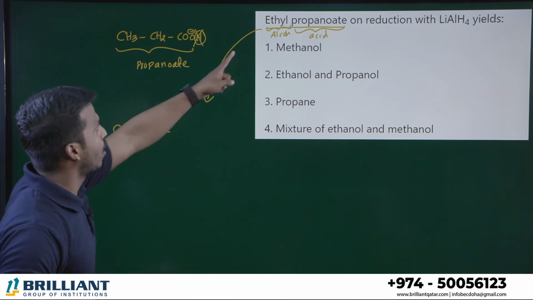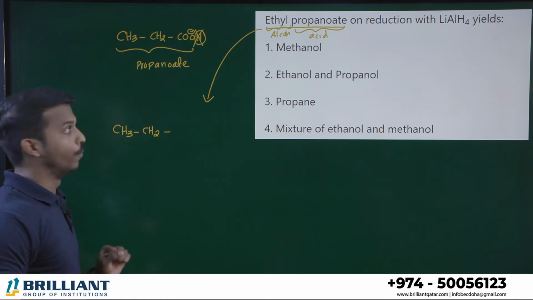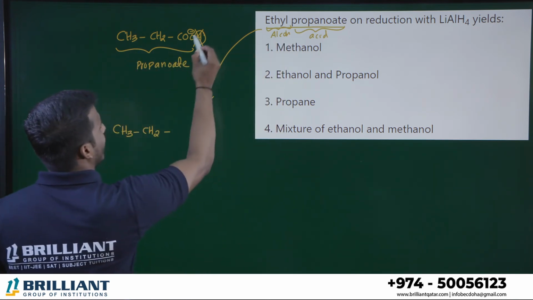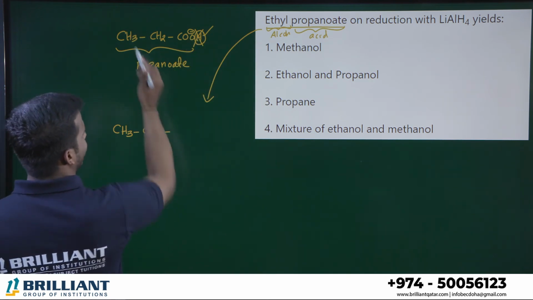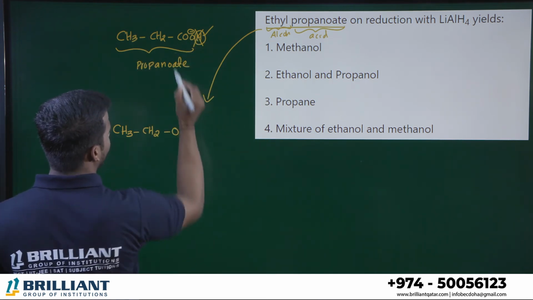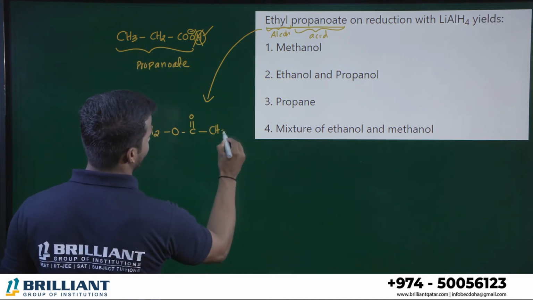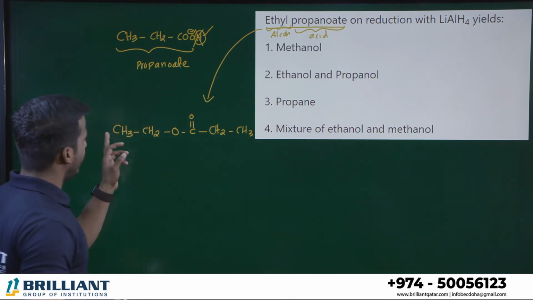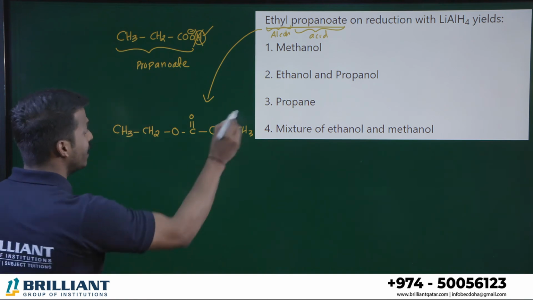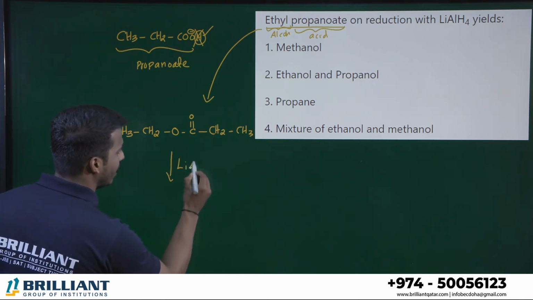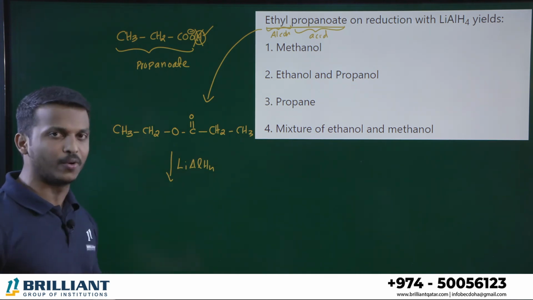So the alcohol is ethanol, from which we get the ethyl group. Your acid is propanoic acid, from which H is gone, so water is eliminated. So you attach this group. So here O, then CO, then CH2, CH3. This is the ester, ethyl propanoate. This ester on reduction with lithium aluminium hydride, dear students, we studied in part 1 video.